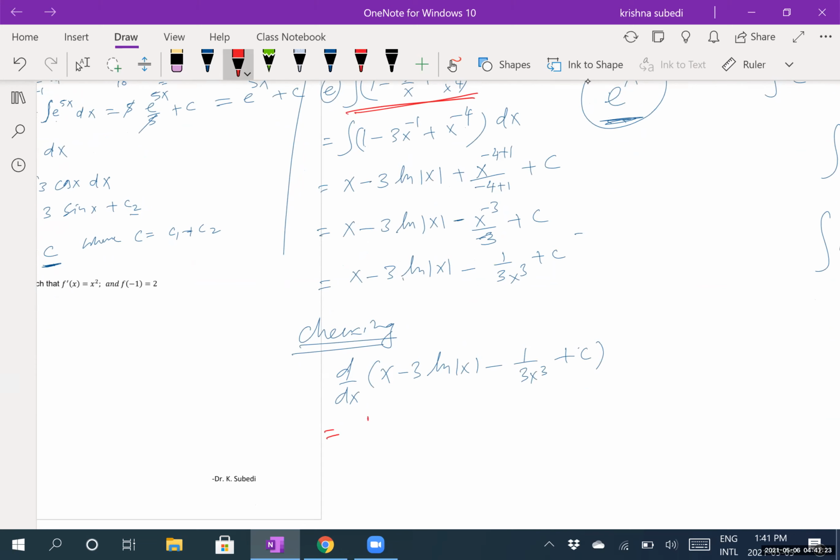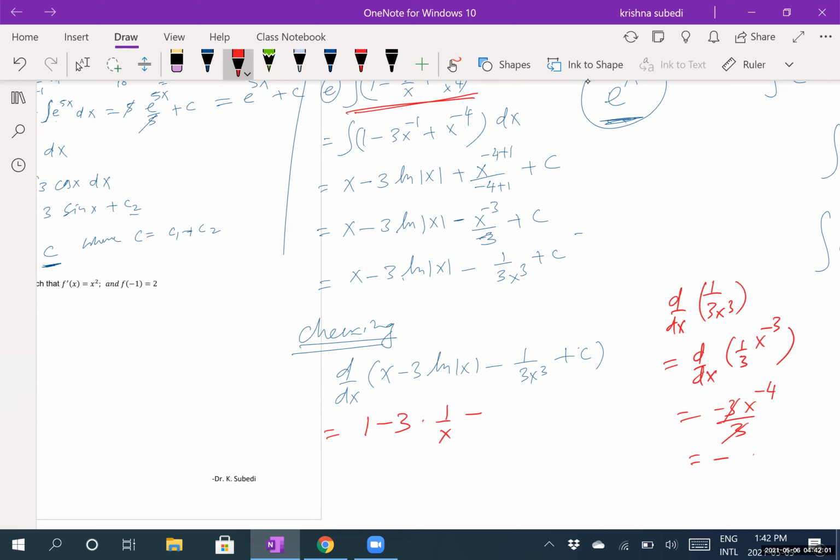The derivative of x is 1, minus 3 times the derivative of ln x, which is 1 over x, minus the derivative of this. The derivative of 1 over 3x cubed, which means 1 over 3 x negative 3, will be negative 3 x negative 4 over 3. The 3s cancel out.